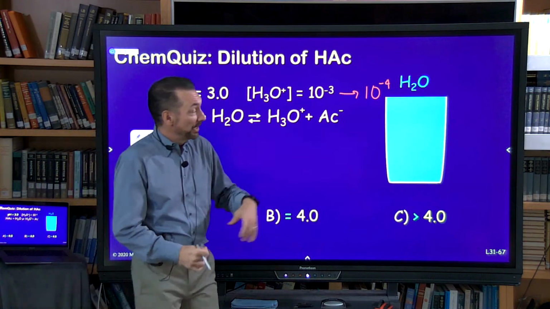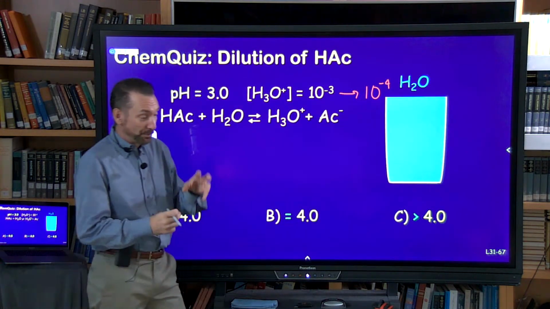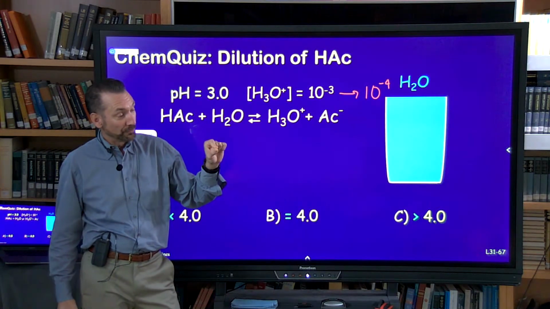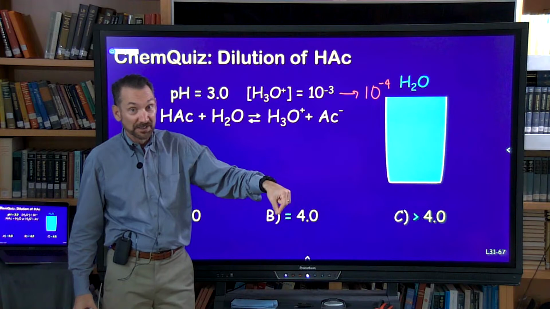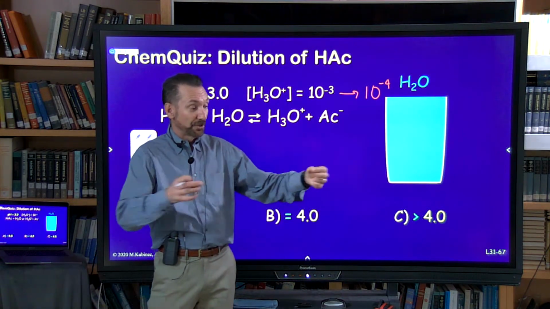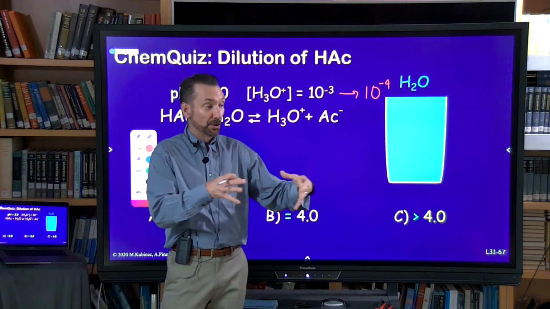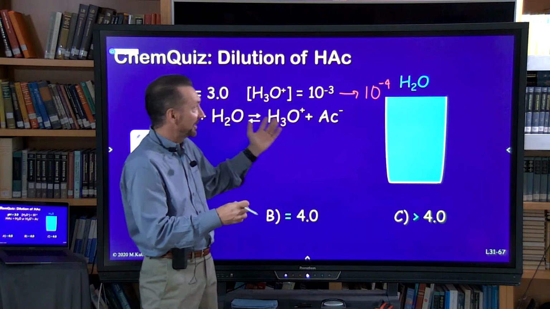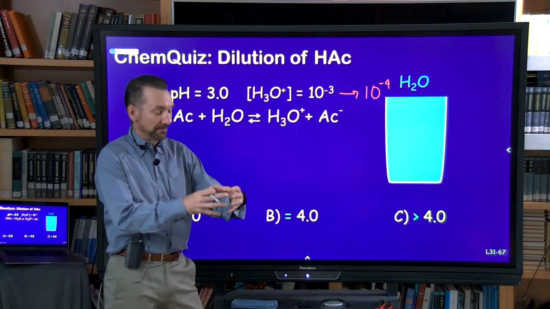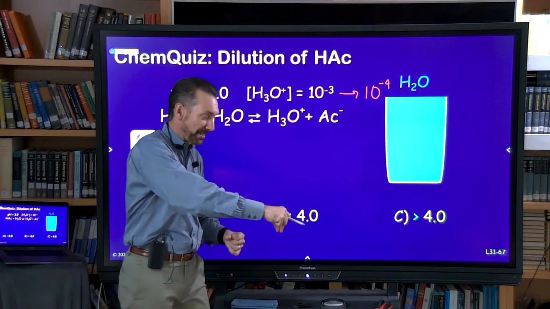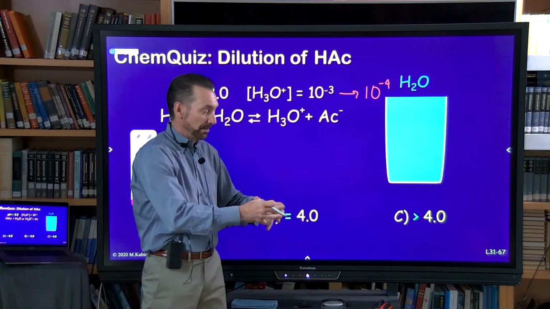So in the strong acid case, you put 10 to the minus 3 moles of HCl into 1 liter of water. They all dissociated.